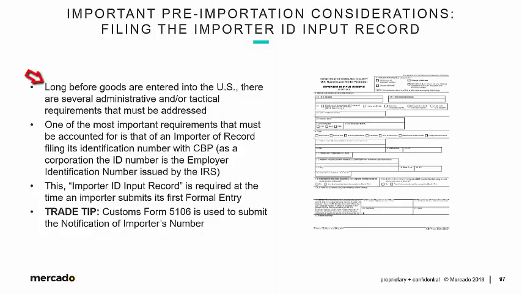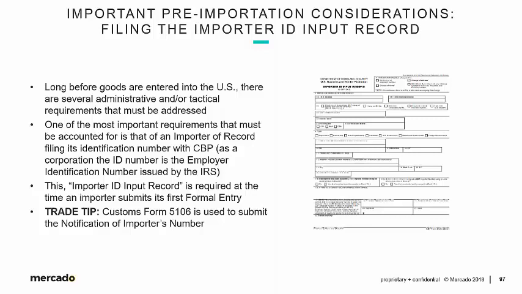Long before goods are entered into the U.S., there are several administrative and/or tactical requirements that must be addressed. One of the most important requirements that must be accounted for is that of an importer of record filing its identification number with CBP. In the case of a corporation, we see this parenthetically.